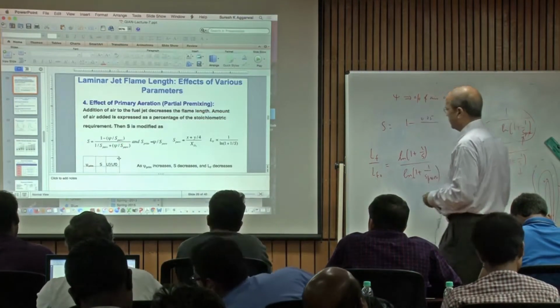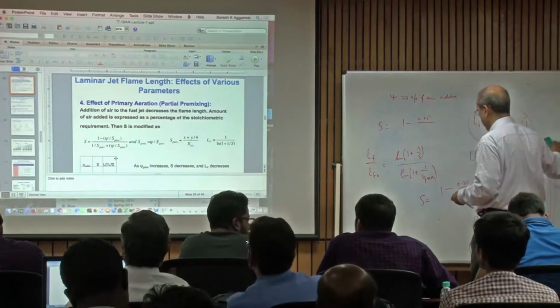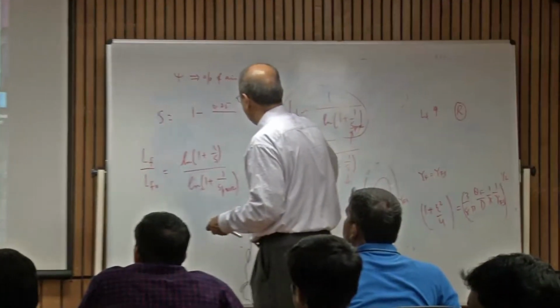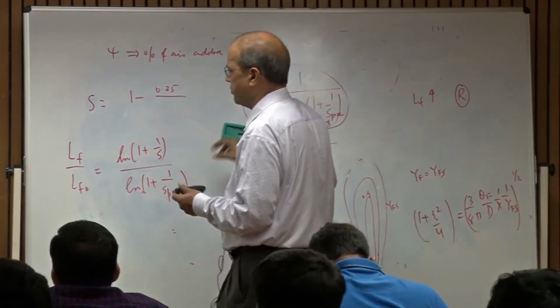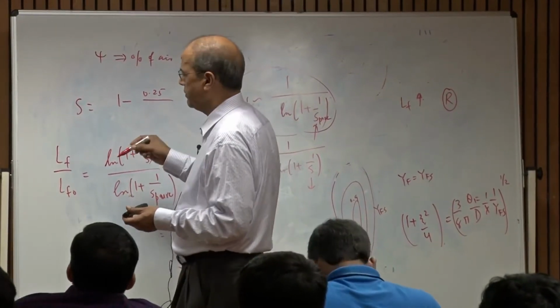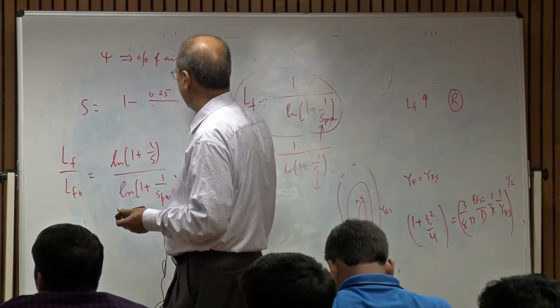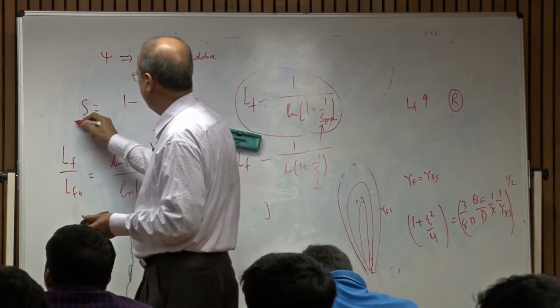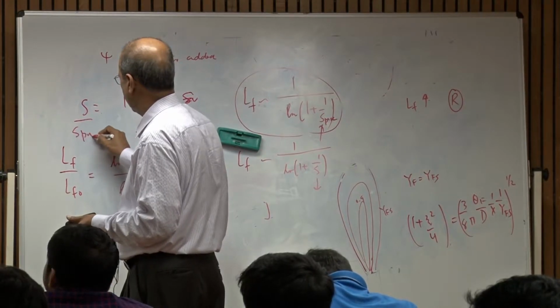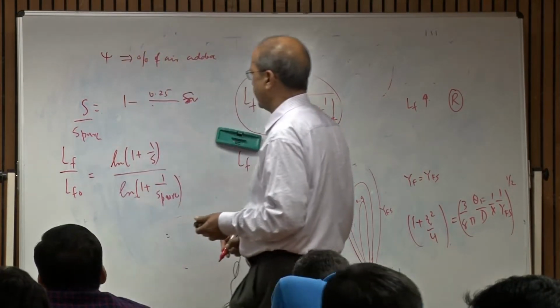In that case, the new value of S here will be 1 minus 0.25 divided by, then S pure comes here, so we can divide by S pure.